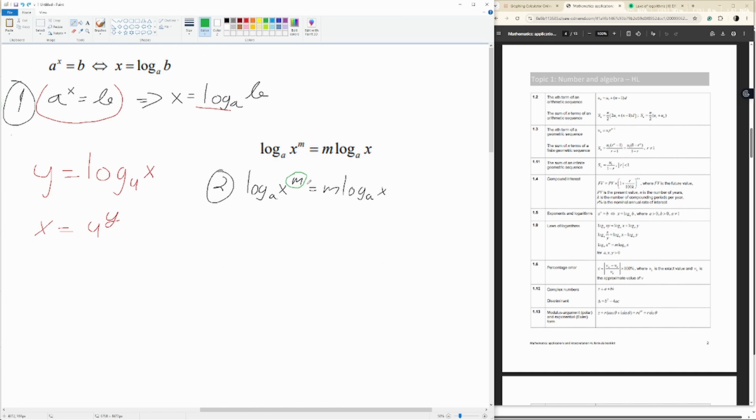If x is raised to the power m, you can always bring the m to the front and rewrite it.